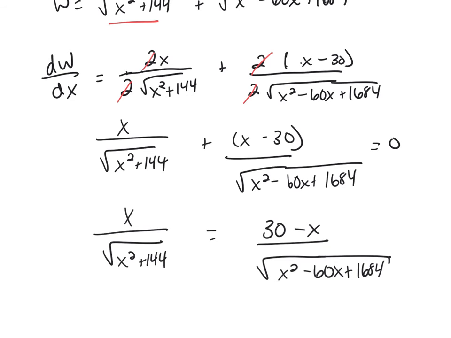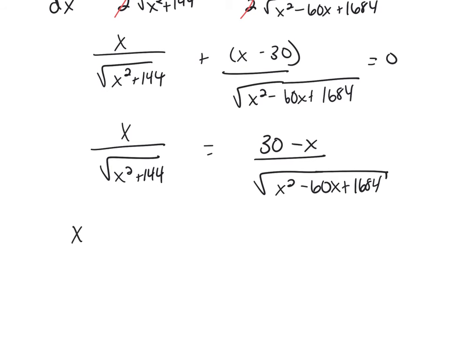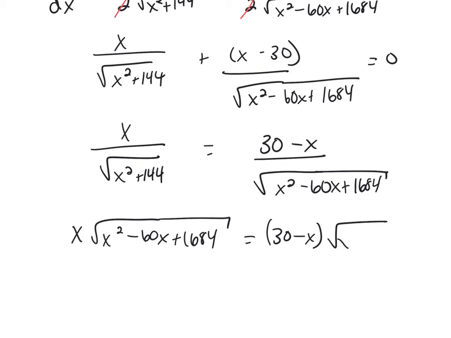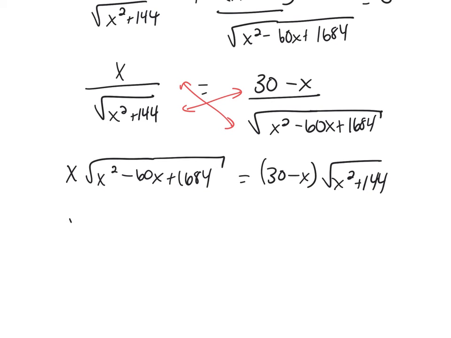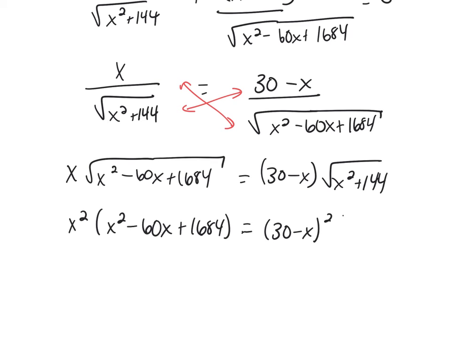Then if you cross multiply, x times that big square root, times the square root. So again, I just cross multiplied here. Now if you square both sides, you'll get x squared, and the square root will go away, and (30 minus x) squared. If you square this, the square root will go away.